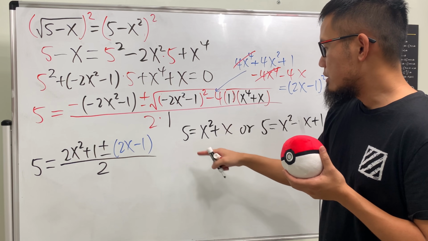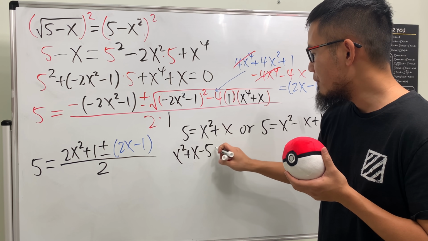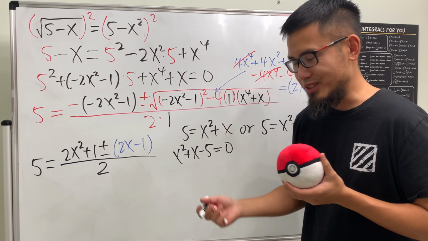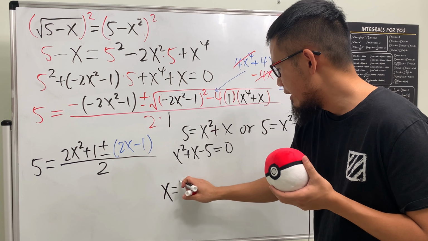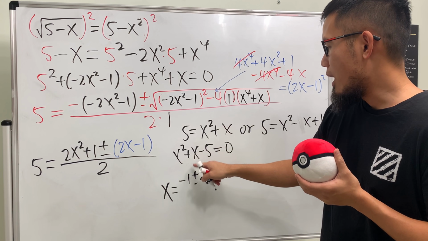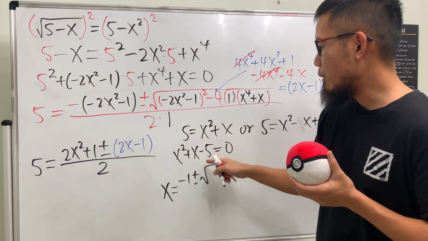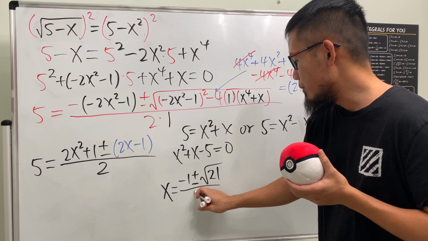So let's just go ahead and do that. This is x squared plus x minus 5 is equal to 0. Again, this is just the usual way, right? So here you get x being equal to negative 1 plus or minus square root of 1 squared is 1 minus 4 times this and that, which is just going to be plus 20, so you have 21 right here, and then divided by 2.